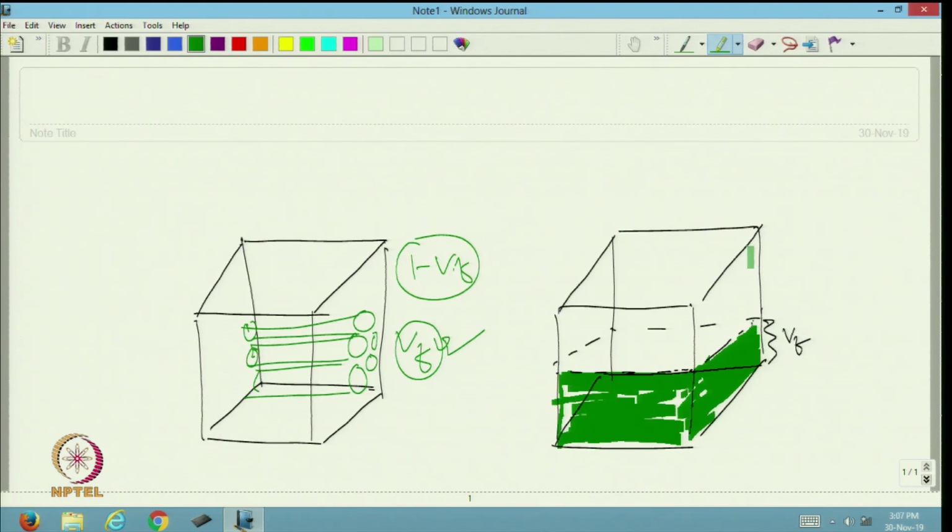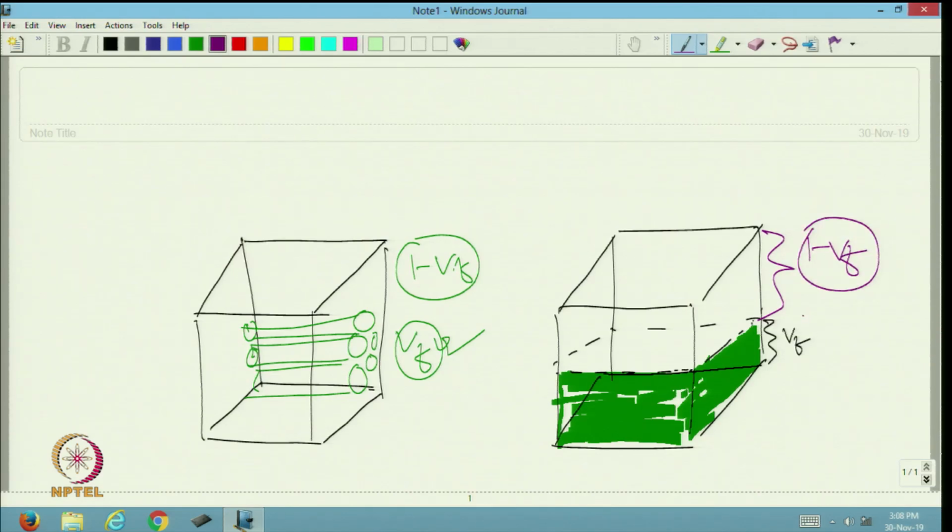And this portion is the other portion, the matrix portion. This one is the matrix, so 1 minus V f.